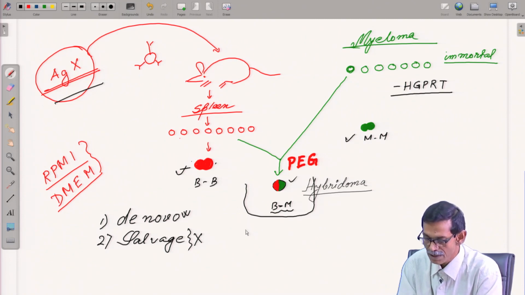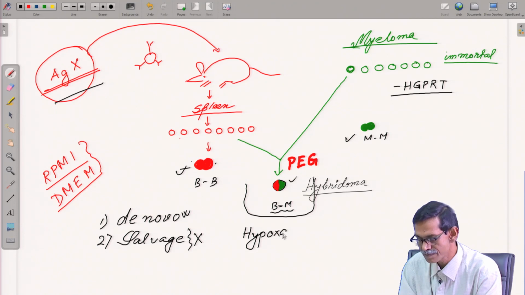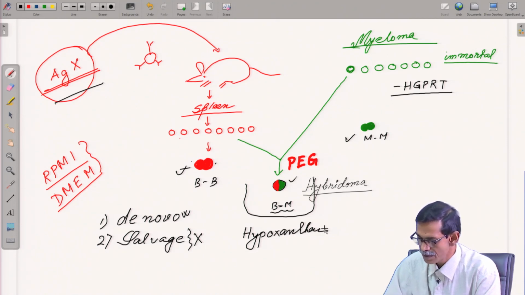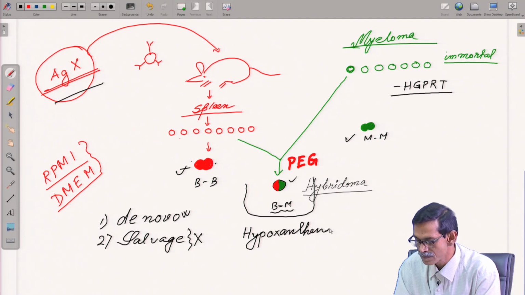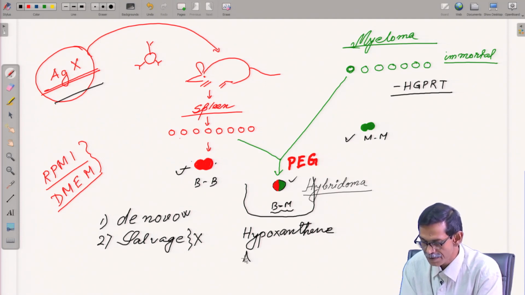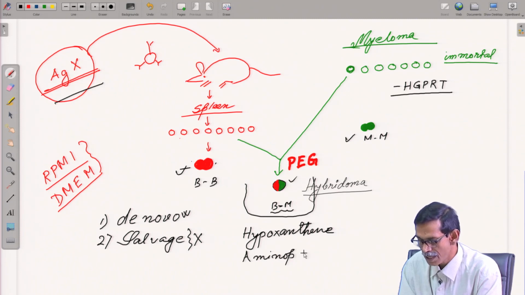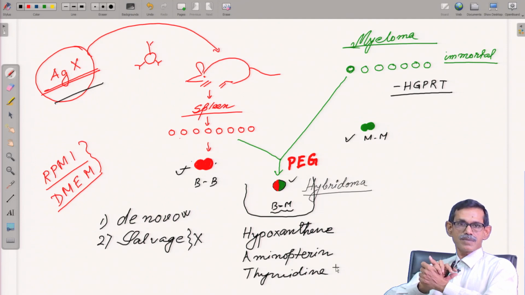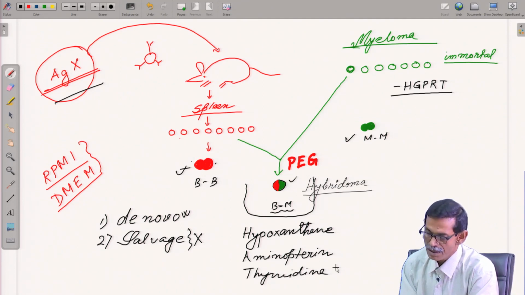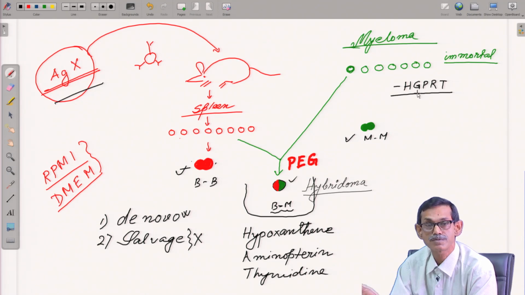So, what we do is, in that medium we add hypoxanthine, aminopterin, and thymidine. Hypoxanthine and thymidine are both nucleotide precursors they are going to use for DNA synthesis, but the myeloma cannot use this hypoxanthine, because they do not have hypoxanthine guanine phosphoribosyl transferase.